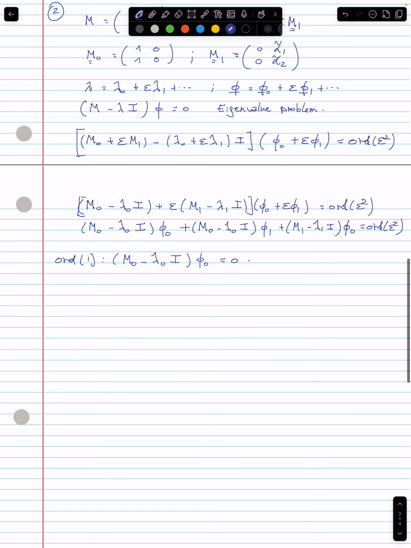And the next order will be the same operator applied to phi 1, equal to minus M1 minus lambda 1 I times phi 0. And so we start with the leading order first, leading or unperturbed if you want.